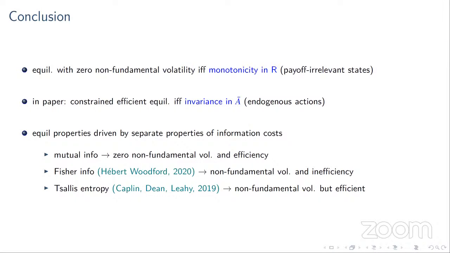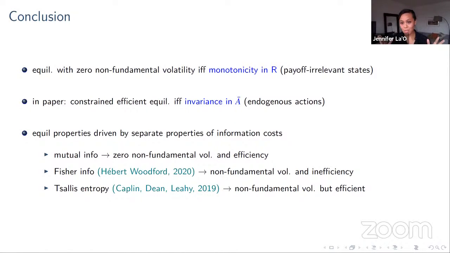In that case, there are possible things you can do with policy to go back to constrained efficiency, but we haven't figured that out yet. All we've shown is that if you have non-invariance in A bar, then you have a constrained inefficient equilibrium, which, in a model where you think about monetary policy and firms' price setting, you can now do better with monetary policy.